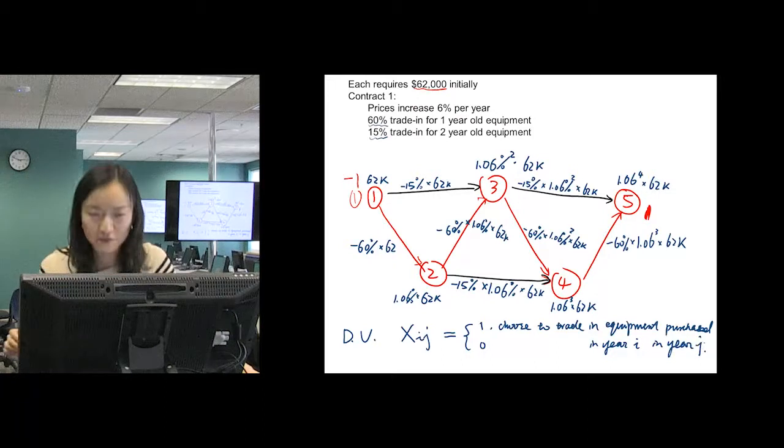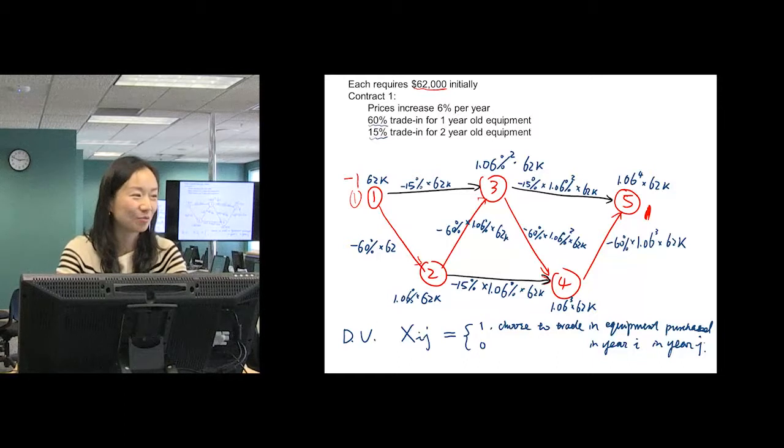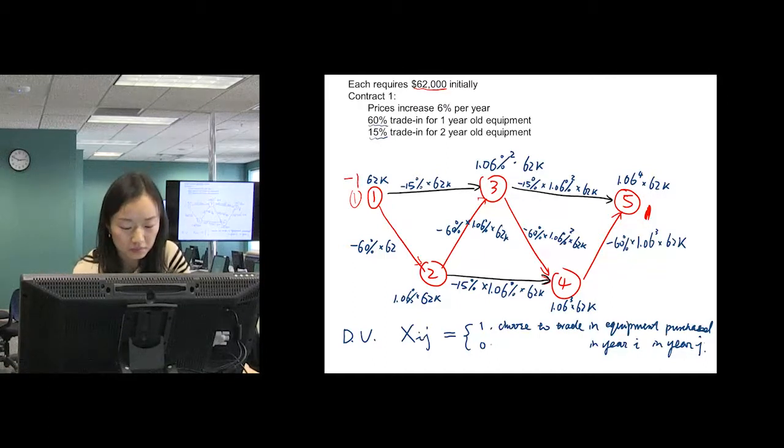So read it to see if it makes sense, or if you have a better way to express this. We're saying choose to trade in the equipment we purchased in year I, not in year J. So this year J means the trading year. And 0 means otherwise.